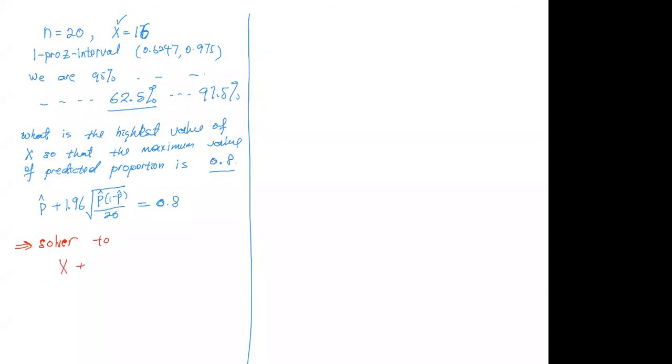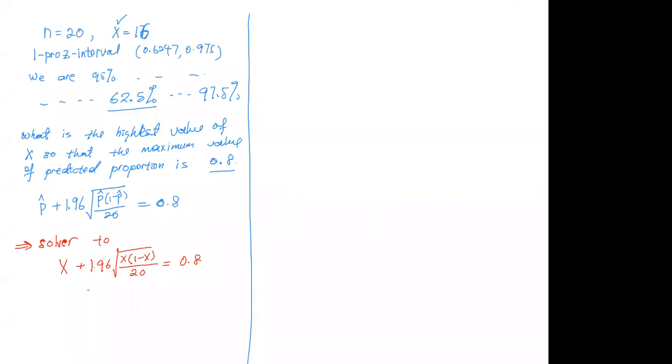Remember, this x and this x is a different story. You can guess, no problem. I don't care as long as you can get the answer. You can also do it by trial and error. Otherwise you use solver, and solver will give you the value of x.